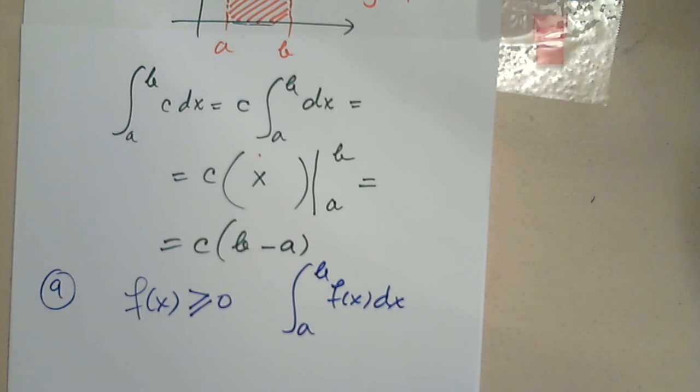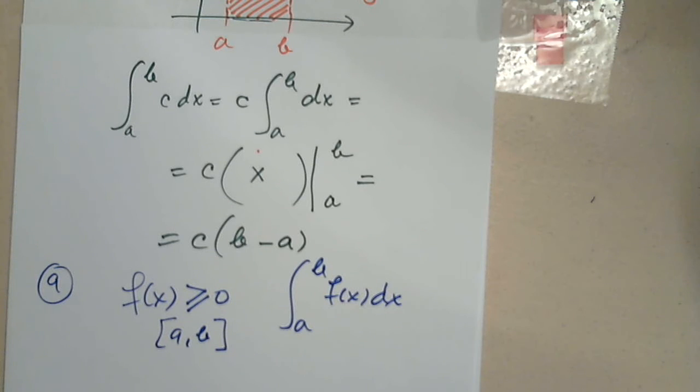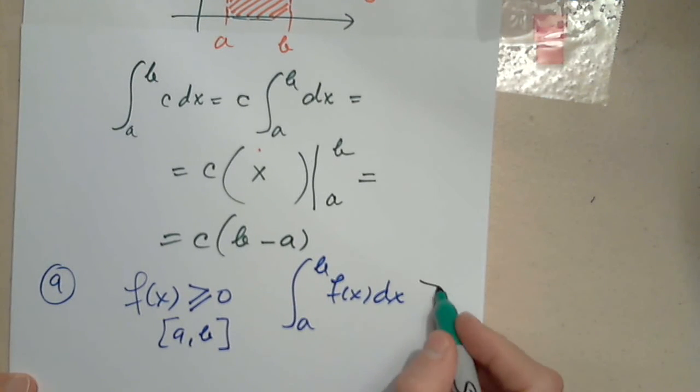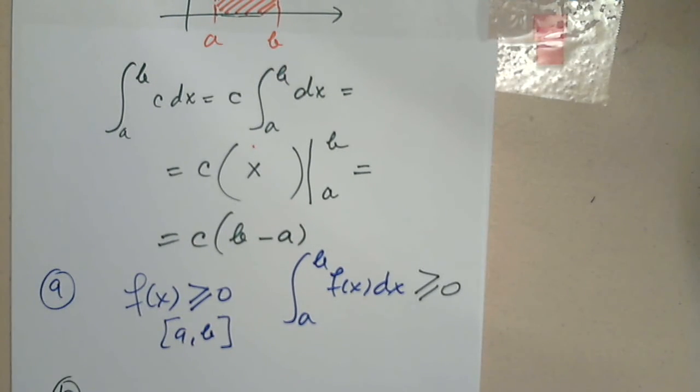What type of number we expect if the function is never negative, never under the x-axis? Positive, or 0. That's common sense.